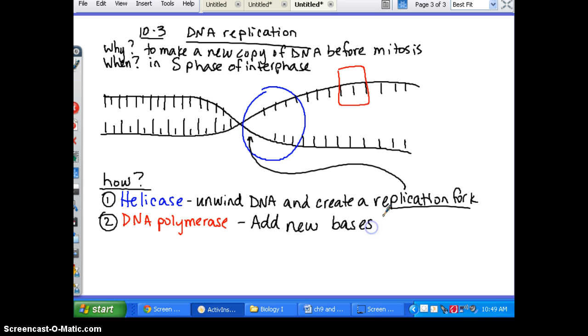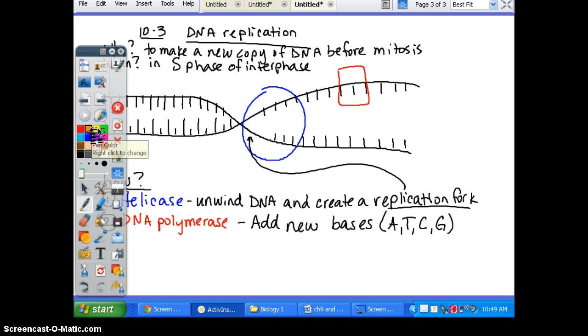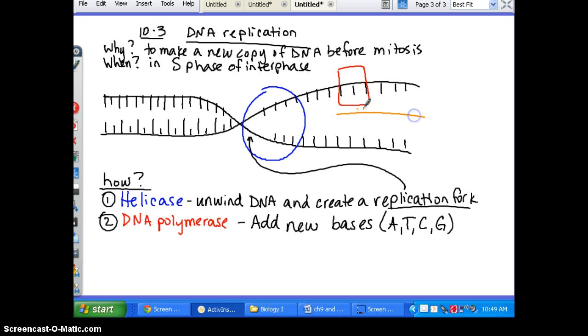The bases are A, T, C, and G. Okay? And so as it comes in, we'll show that kind of in a different color as well. As they come in, they're adding these bases across from the strand of DNA, the old strand of DNA.